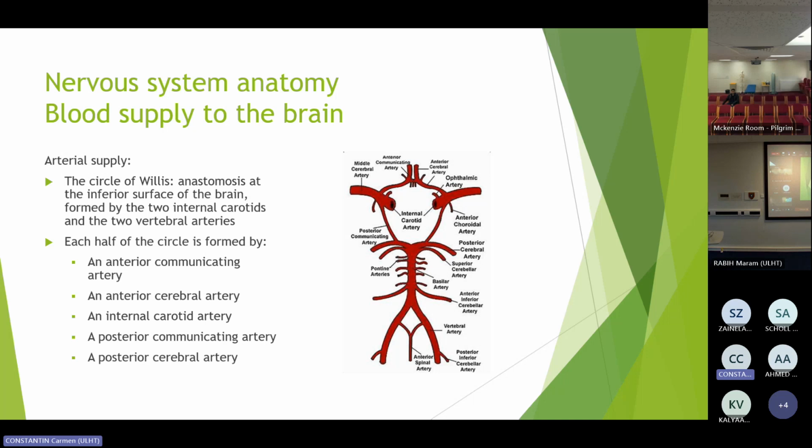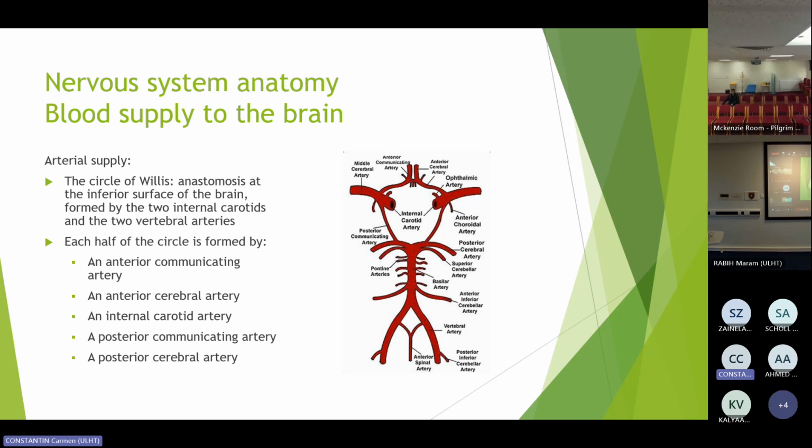We also have the posterior cerebral artery and posterior communicating artery. It's a busy slide, but it's very simple once understood, and it's very important in understanding the arterial supply, especially when planning investigations for our stroke patients.